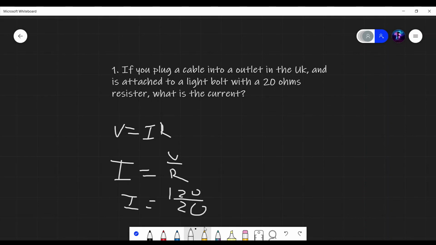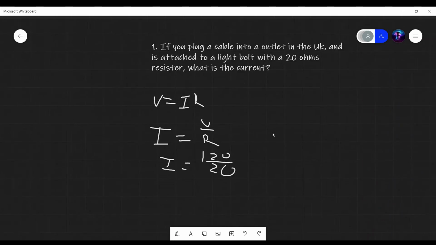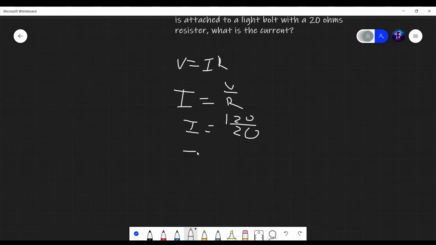And you would get an answer of 6. Am I doing the math right? I think so. So I equals 6, not 6 ohms, 6 amps. Just to show you, we're plugging into a cable, 120 volts.